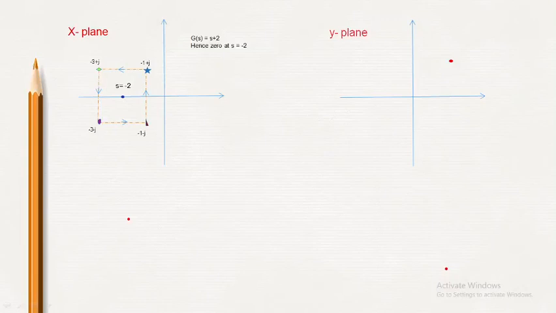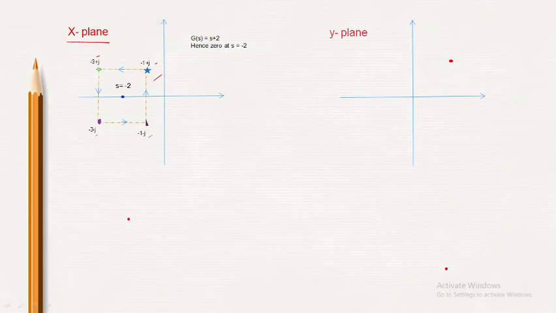Let me take one plane, which is the X plane. In the X plane, I have defined a rectangular contour, which has mainly 4 points at the boundaries. One point is at -1 plus j, the second point is -3 plus j, the third is -3 minus j, and the fourth is -1 minus j.